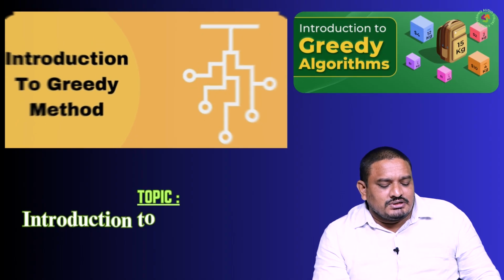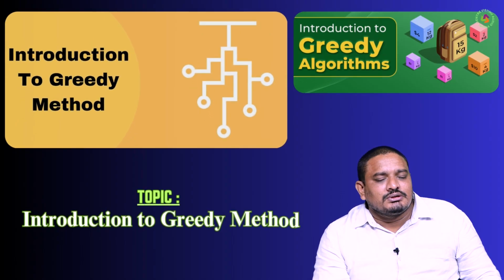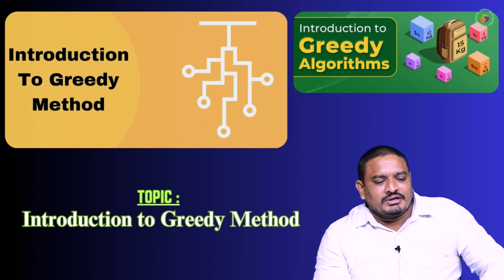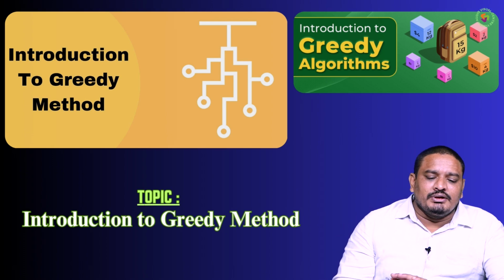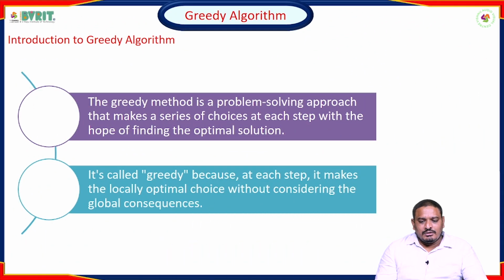In data structures, one of the important topics is the greedy method introduction. What do you mean by the greedy method? The greedy algorithm is a problem solving approach that makes a series of choices at each step to find the optimal solution.